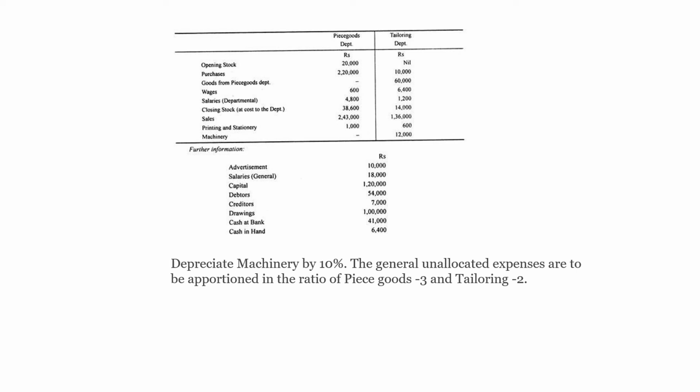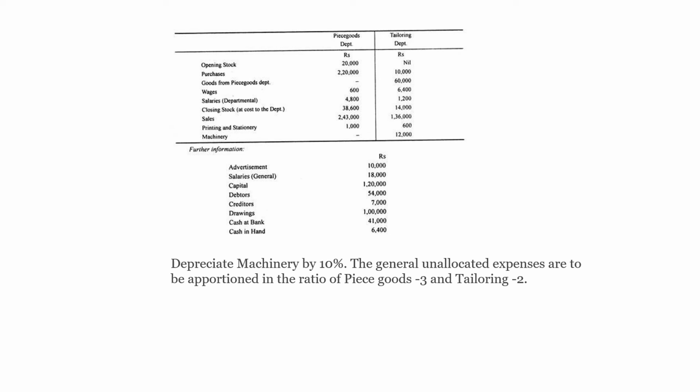Now we'll make the departmental trading and profit and loss account, and in that we'll make 3 columns. First for the piece goods department, second for the tailoring department, last one total. To opening stock 20,000, 0 and then 20,000, then to purchases 2,20,000 and 10,000 for each department, then goods from piece goods department.